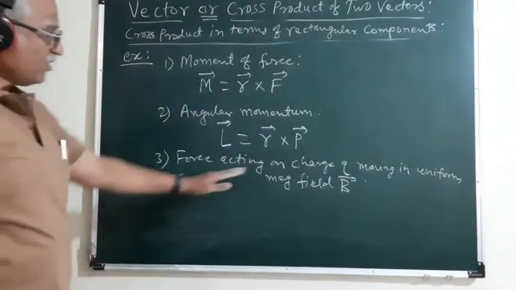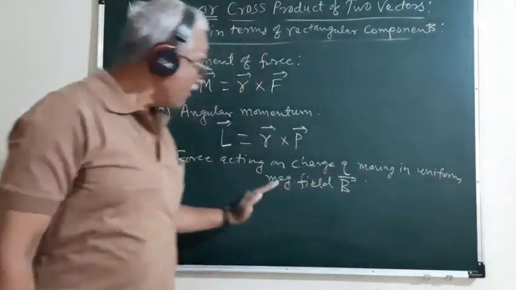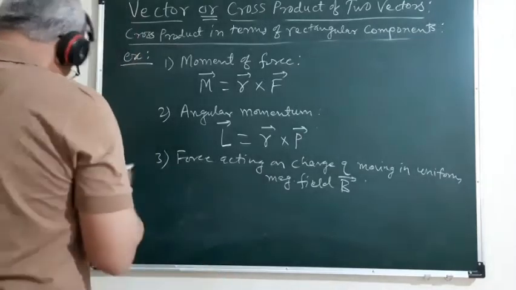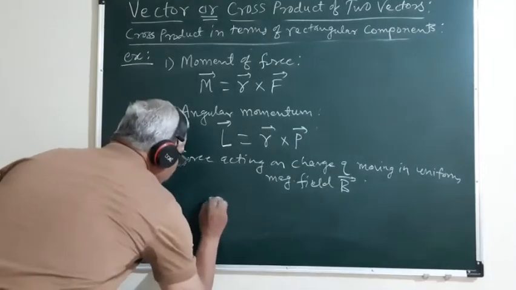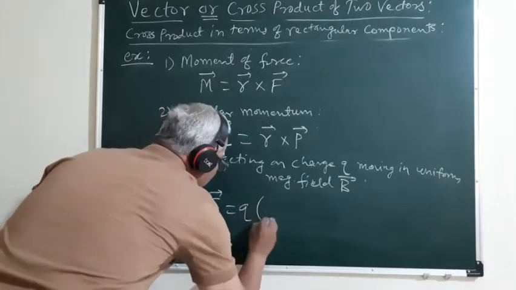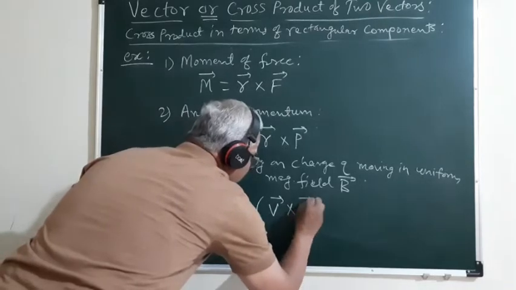The force acting on a charge Q moving through a uniform magnetic field of induction B bar. This force is given by F bar is equal to Q into bracket V bar cross B bar.